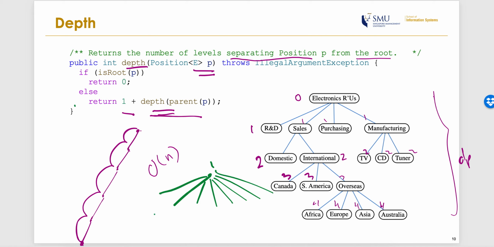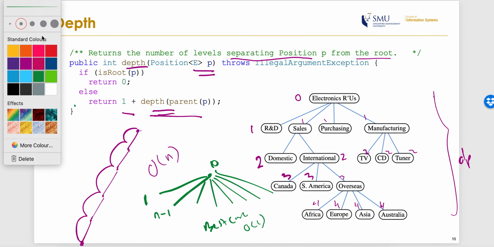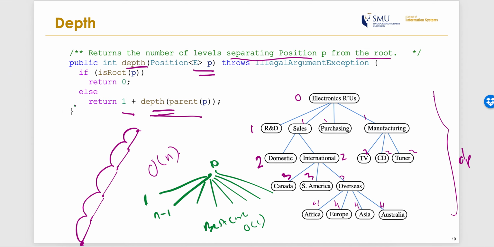So you have n minus 1 nodes just below the root, which means that the depth of any node here is no more than 1, because the root is 0, so the one below it is going to be 1. So in the best case, this is O(1). In the worst case, this is O(n), right?